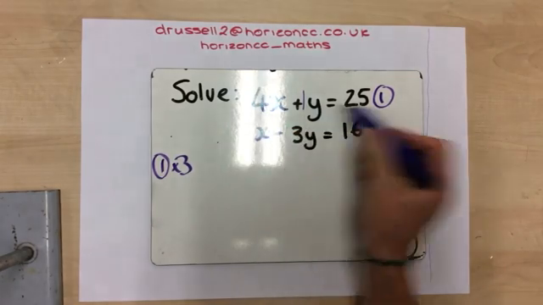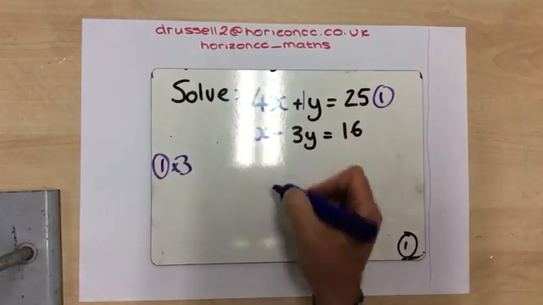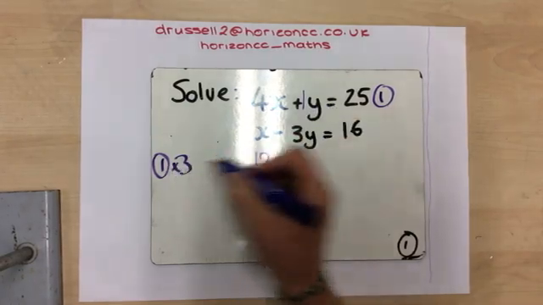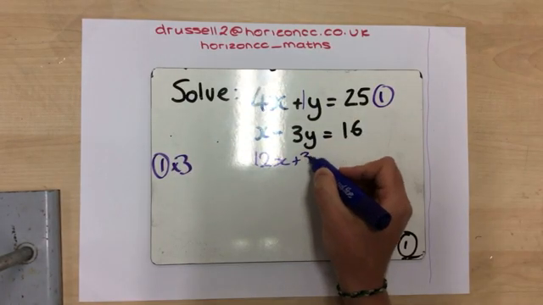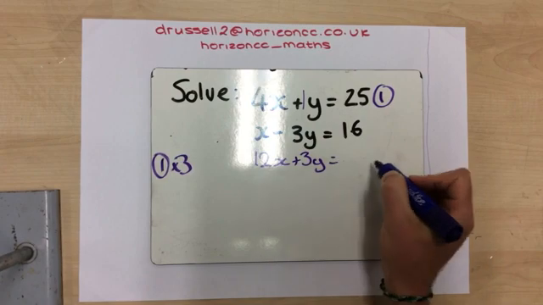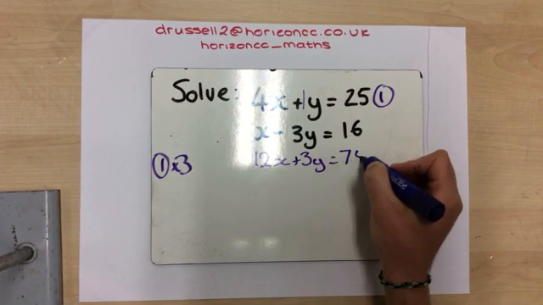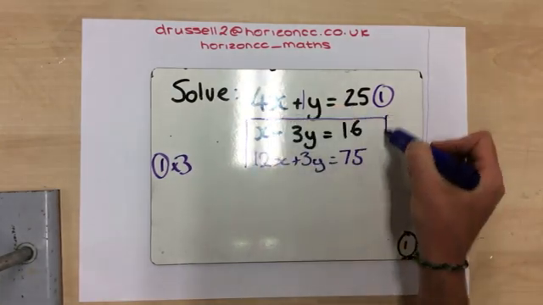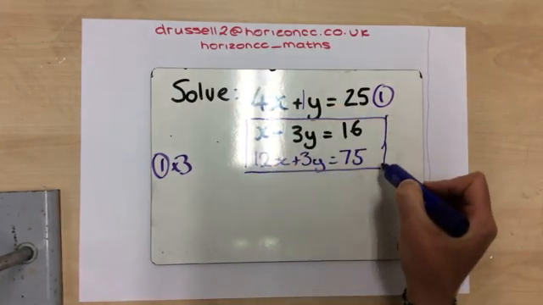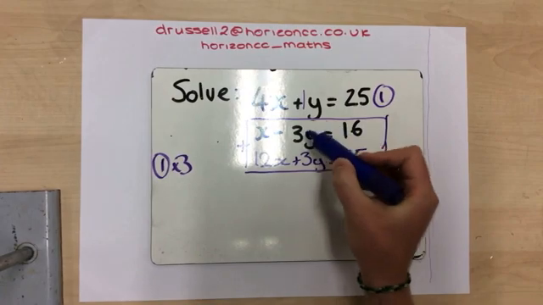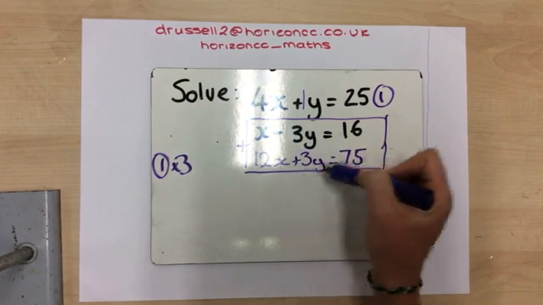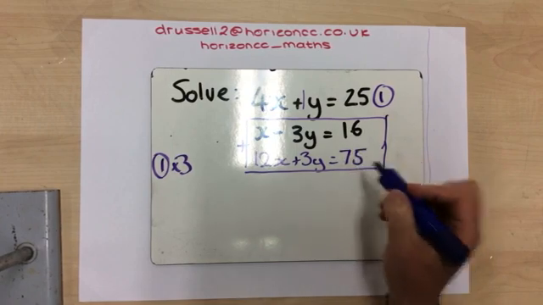So I need to multiply all 3 parts of it. 4x multiplied by 3 gives me 12x. y multiplied by 3 gives me 3y. And 25 multiplied by 3 gives me 75. I can now look at these 2 equations. If I was to add these 2 together, conveniently that minus 3y plus the 3y will cancel out to 0 y's.